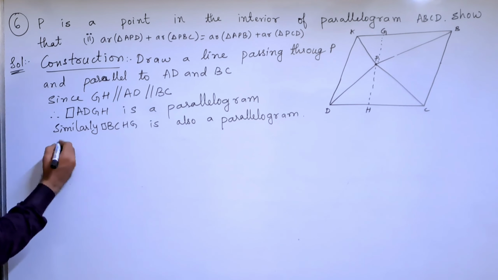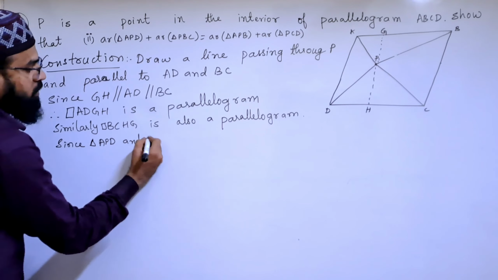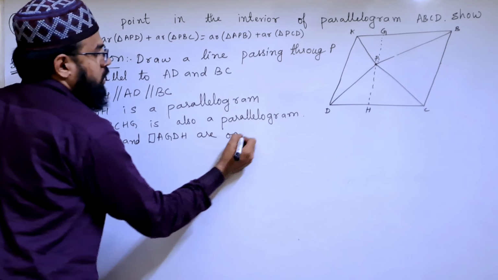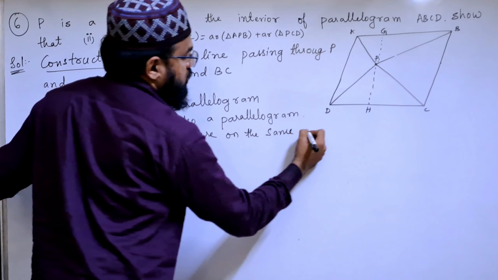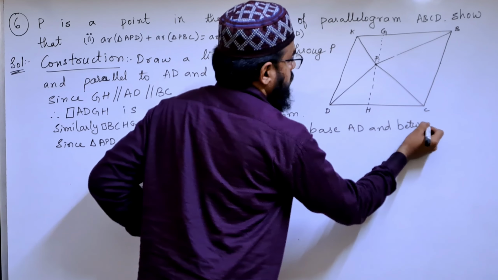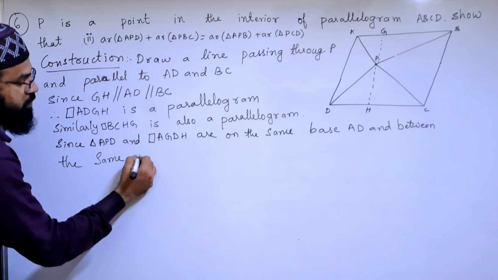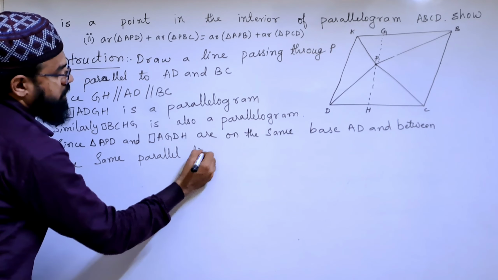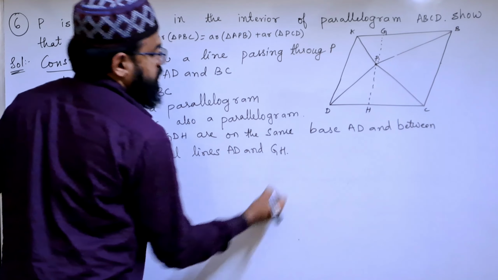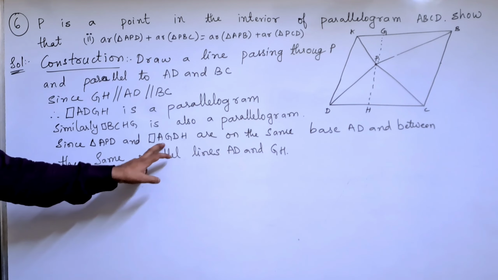So let us write, since triangle APD and quadrilateral AGDH are on the same base, AD, and between the same parallel lines AD and GH, the area of the triangle is half of the quadrilateral AGDH.